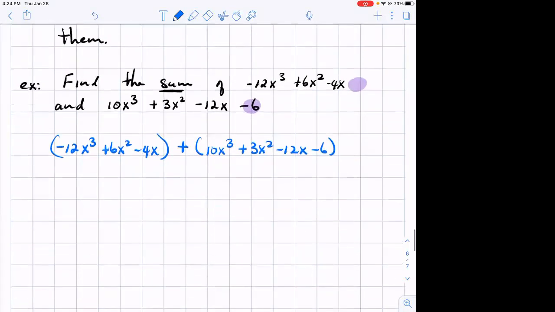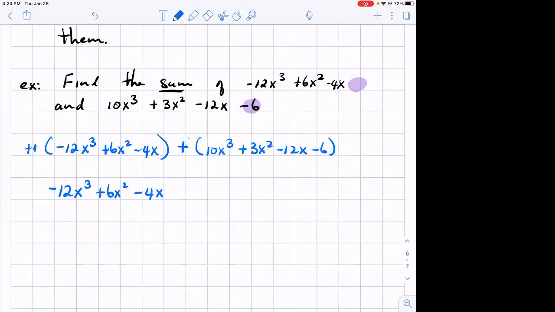And then I do the same thing as before. There is a plus 1 out here. When you distribute a positive 1 to the inside of parentheses, nothing inside the parentheses changes.